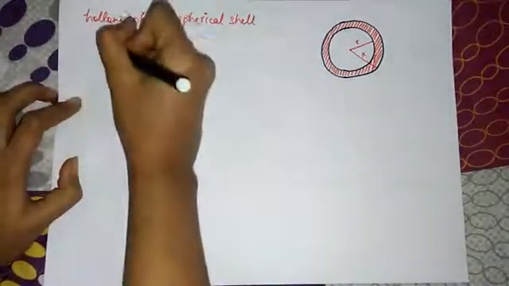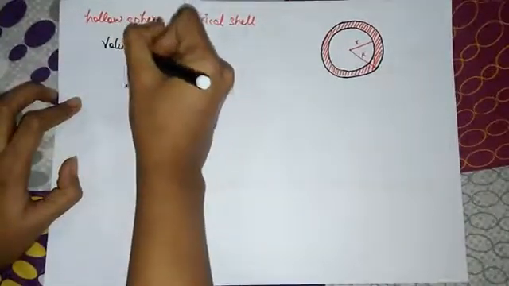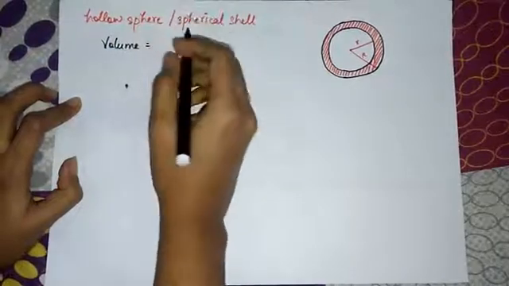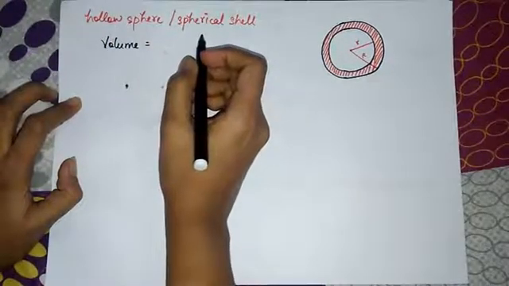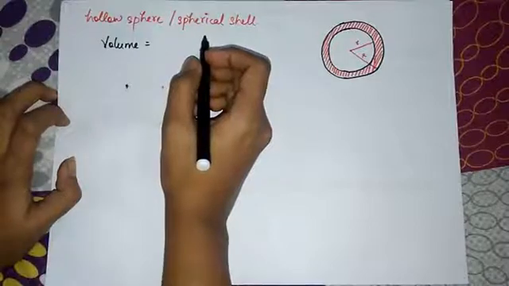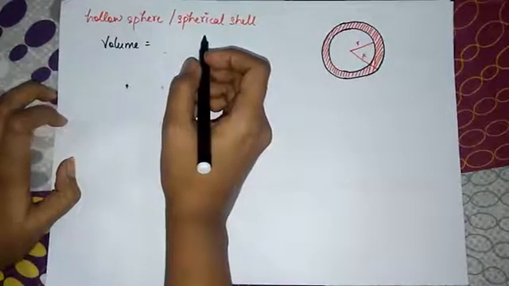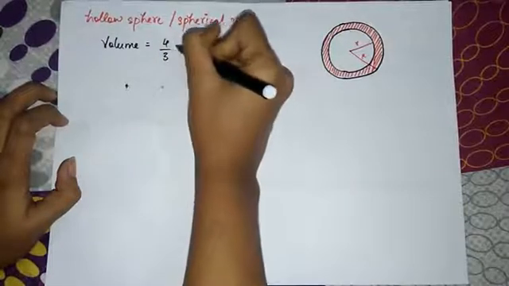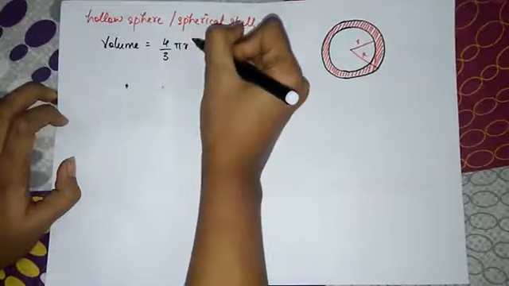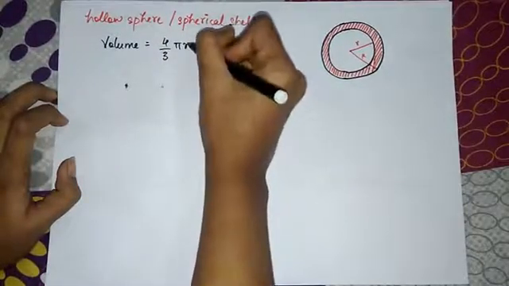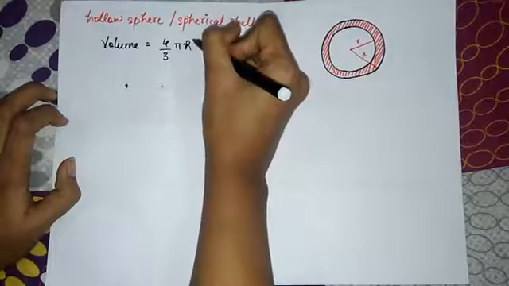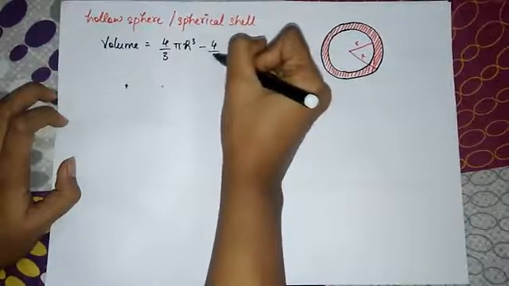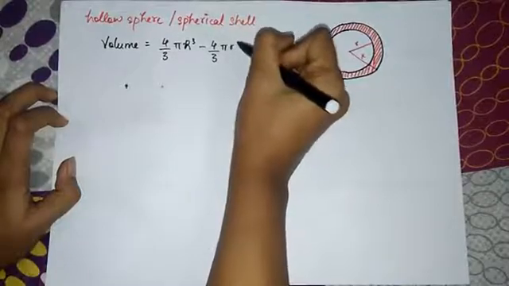Okay, so how you'll have to do this? If it will ask for volume first, let's say volume. So what is the volume of a sphere? So we just talked about it, 4 by 3 pi r cube. 4 by 3 pi capital R cube minus 4 by 3 pi small r cube.